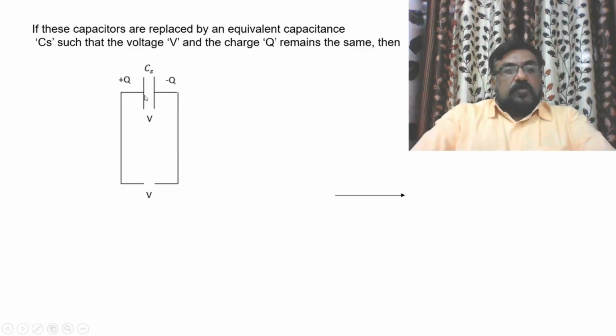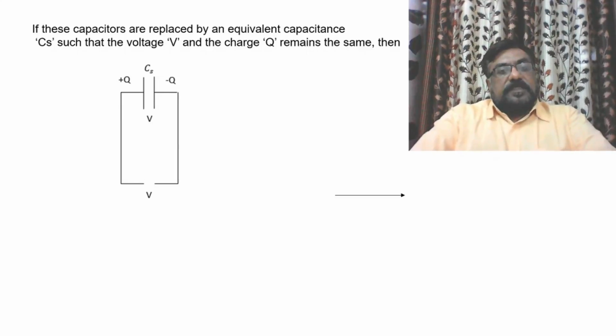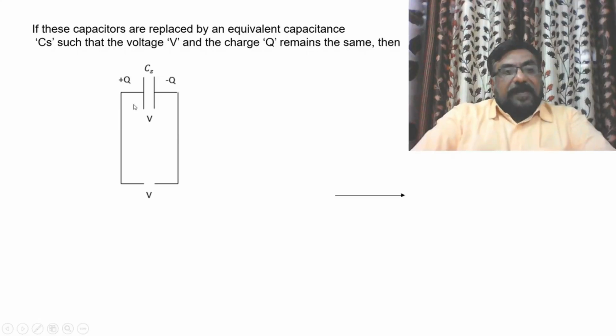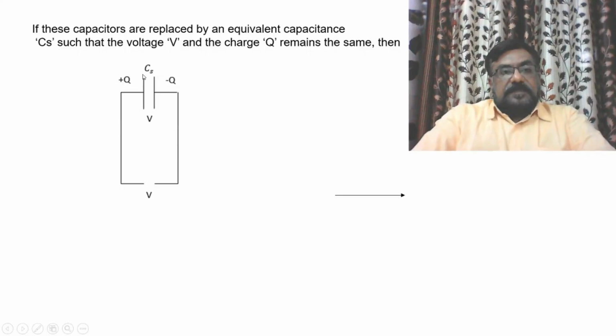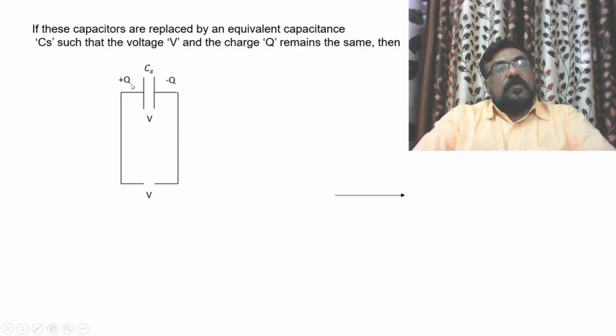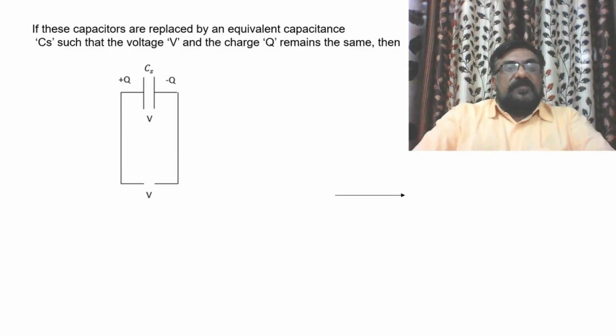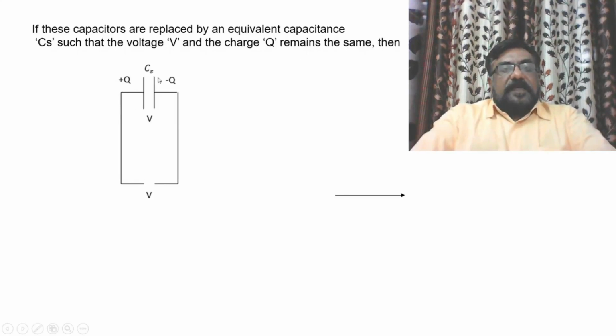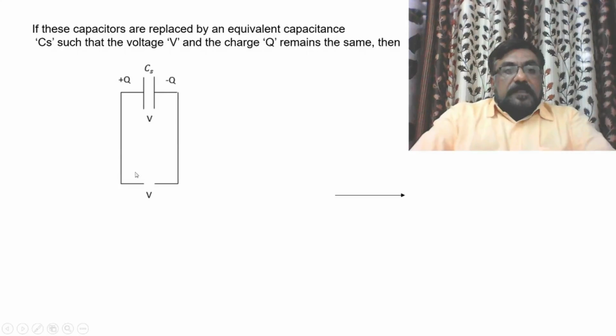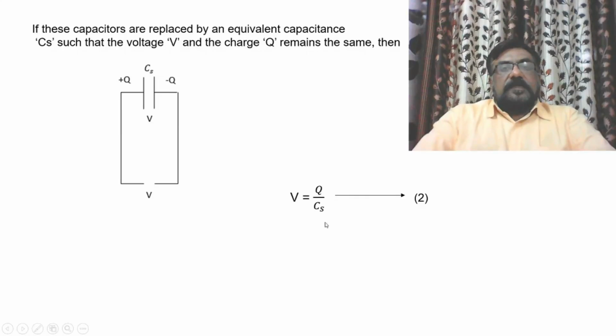Those three capacitors together stored a total charge of Q at a potential V. Now if we have a single capacitor whose capacitance is Cs, and when I apply a potential difference of V across it, and if it is able to store a charge Q in it, then I can call the Cs the effective capacitor of the combination of the three. Or this capacitor effectively replaces the combination. So in this situation, I can say V is equal to Q divided by Cs.